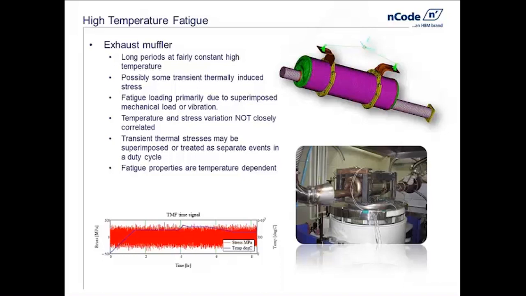This would be indicative of examples like this exhaust system, where the loading is primarily from the wheel base and the thermal influence is from the engine. Again, the temperatures aren't causing the stress, but they are influencing our fatigue properties.